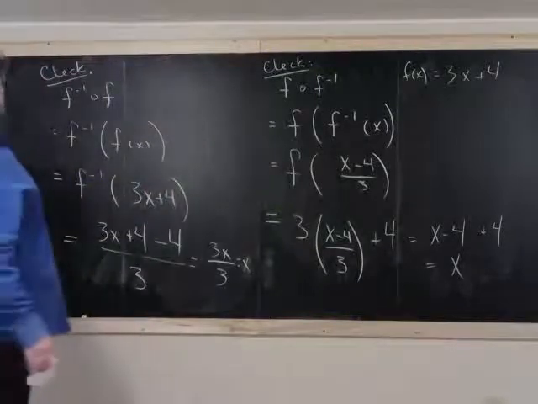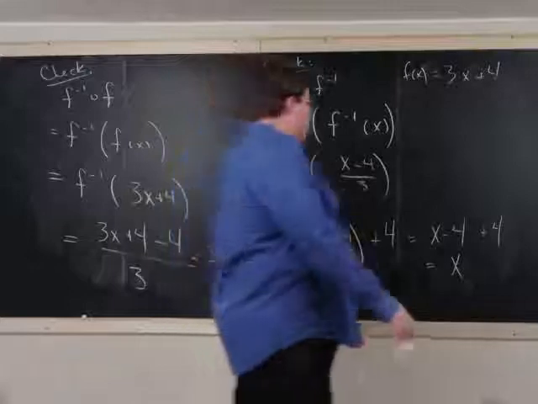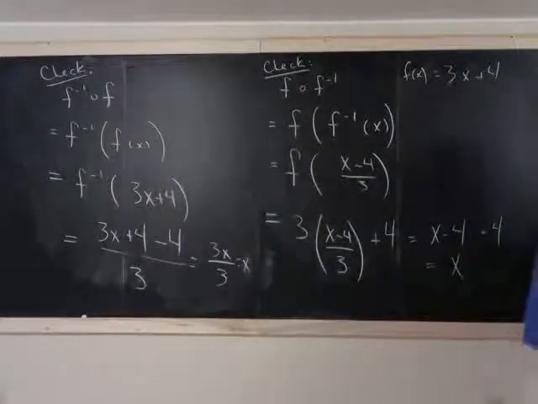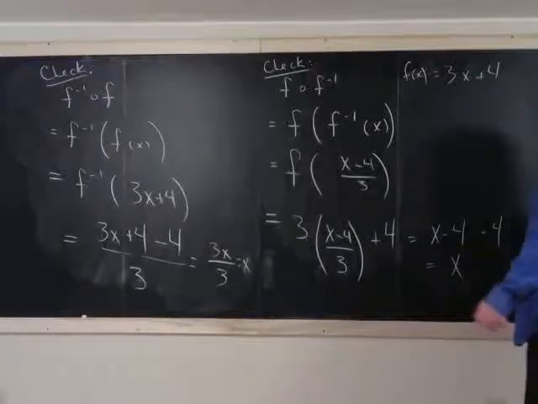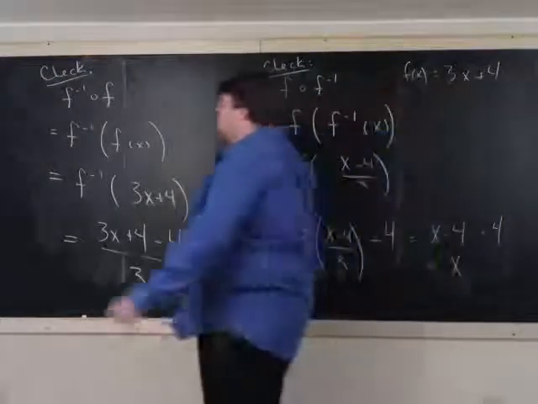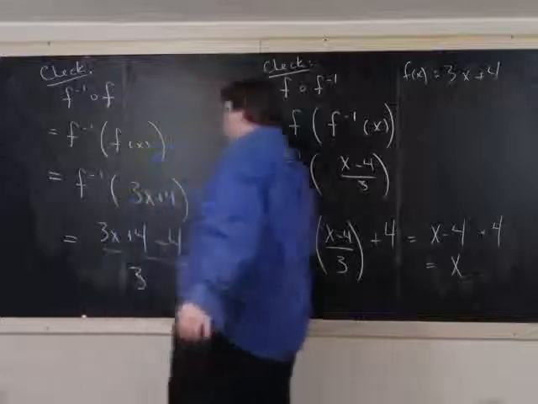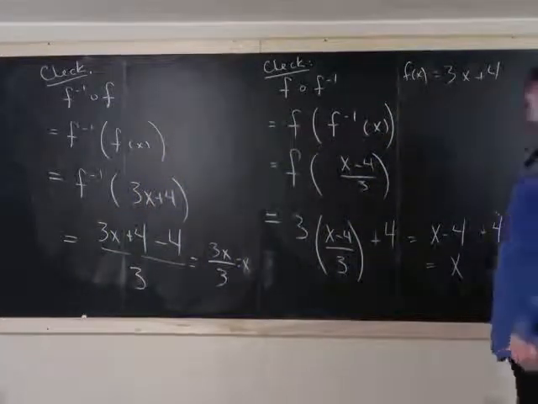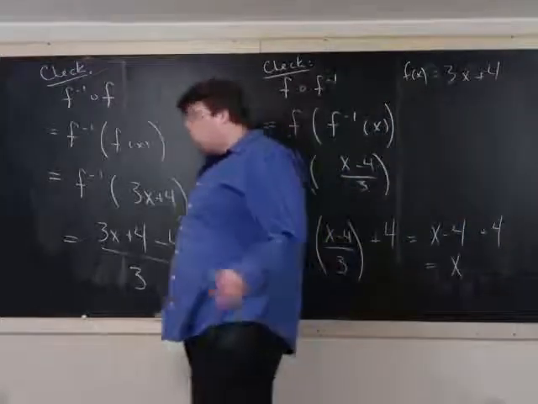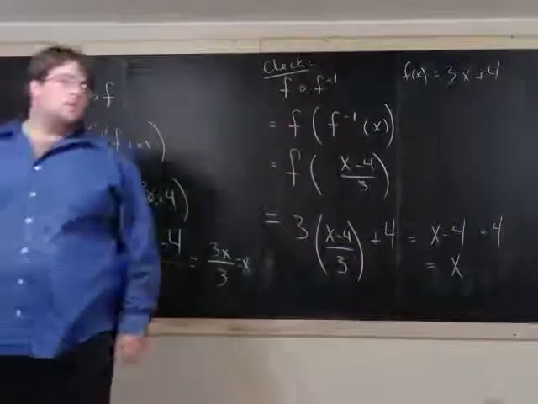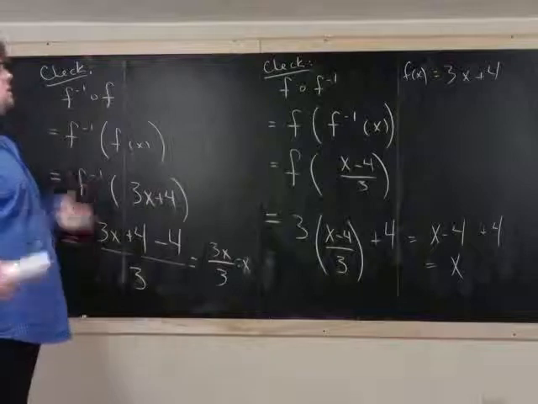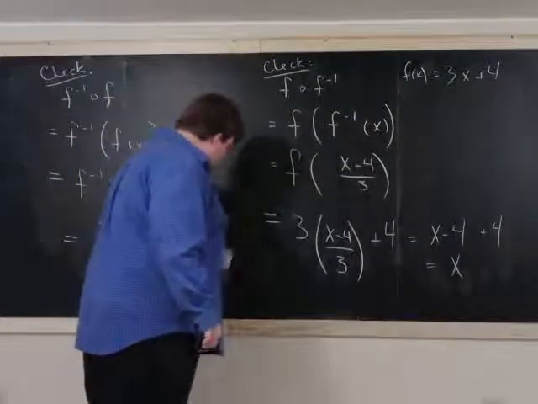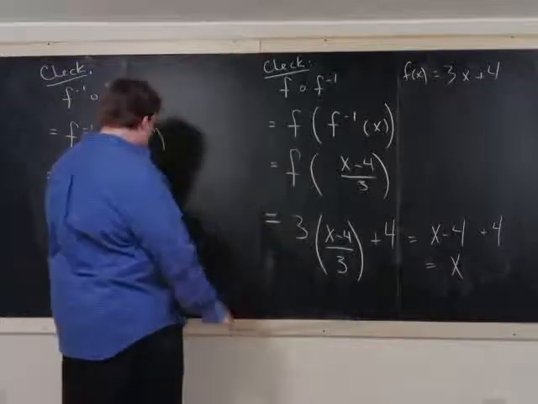So notice we have all these numbers, 3 and 4, and positives and negatives all over the place. But these computations, these compositions we just did, all resulted in x. That's why this inverse is useful. And from that, we can actually get a nice visual, which we'll do right now by graphing f and f inverse.